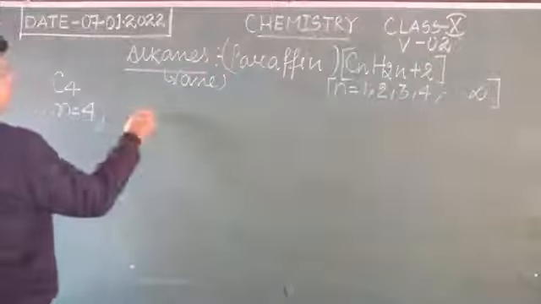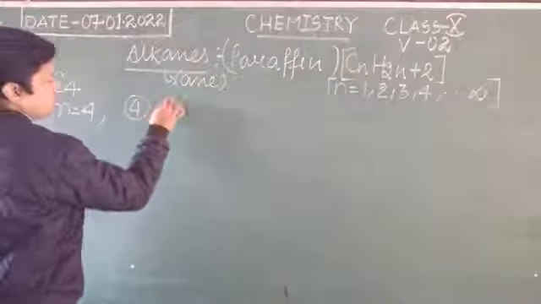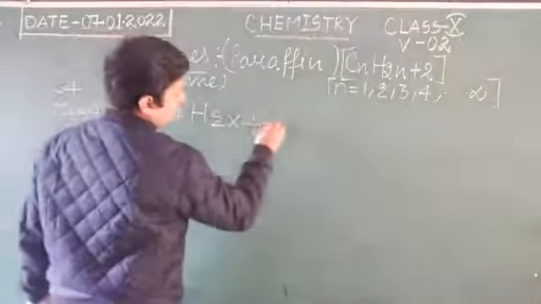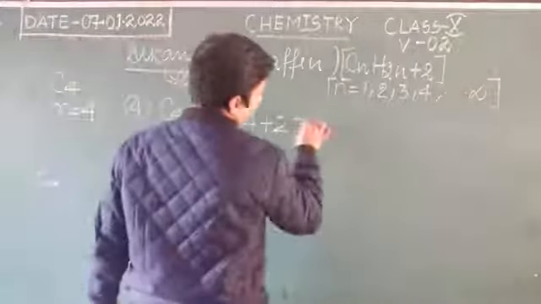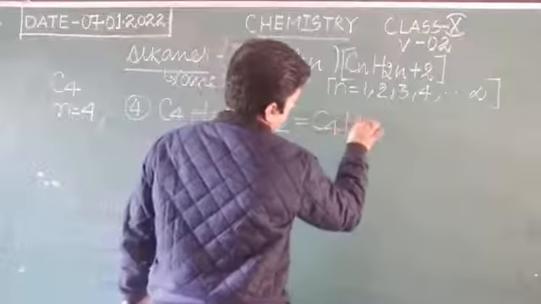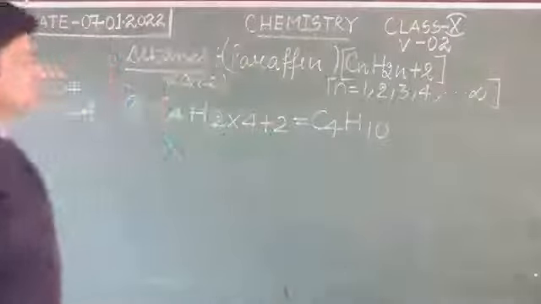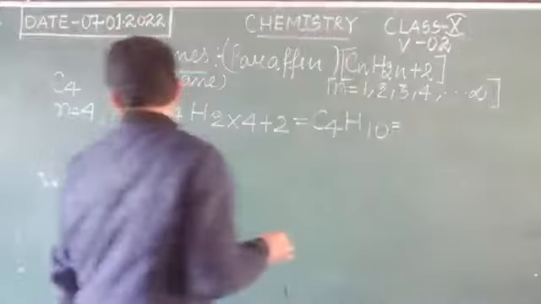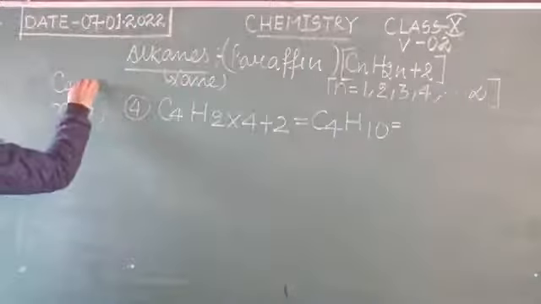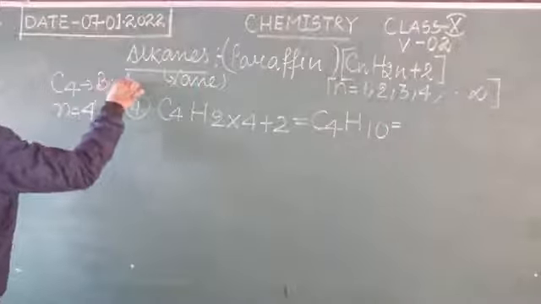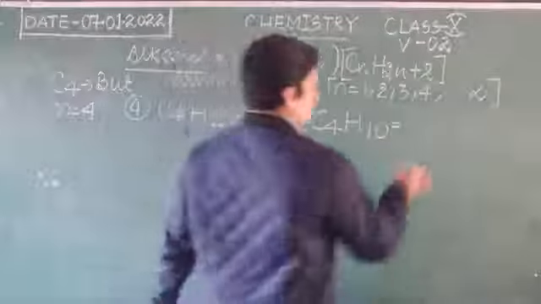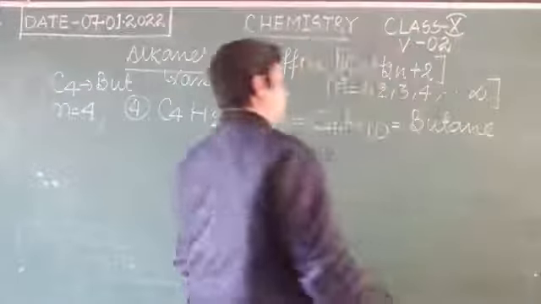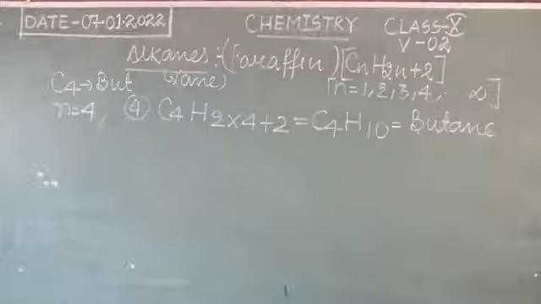When we put the value of n equal to 4, it becomes C4H10. For 4 carbon atoms, we use the word but. Therefore, when we add the suffix ane, it becomes butane.